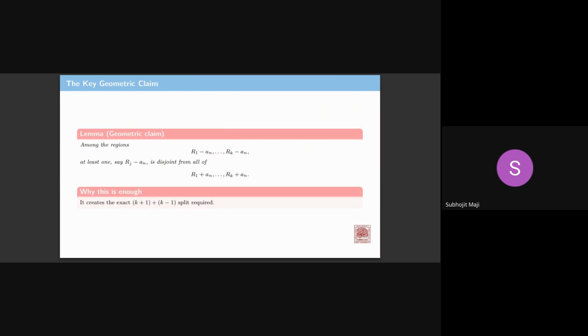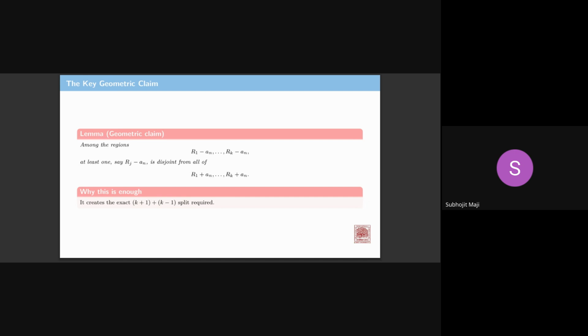So if R_j minus a_n is disjoint from each one of them, then I can take this R_j minus a_n to be in this set, R_1 plus a_n, R_2 plus a_n, up to R_k plus a_n.